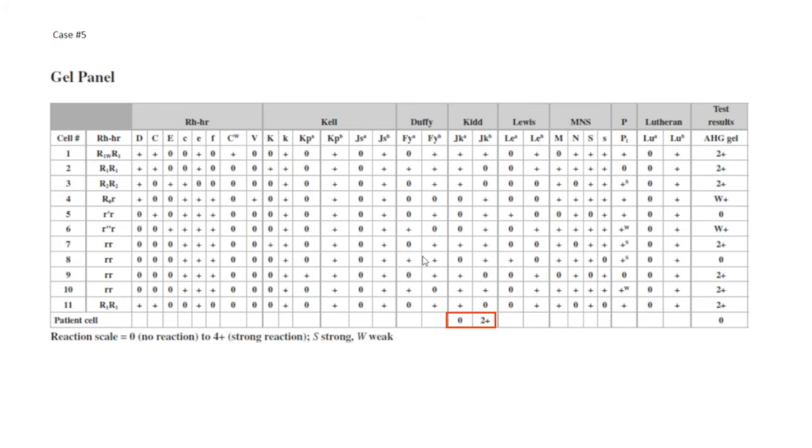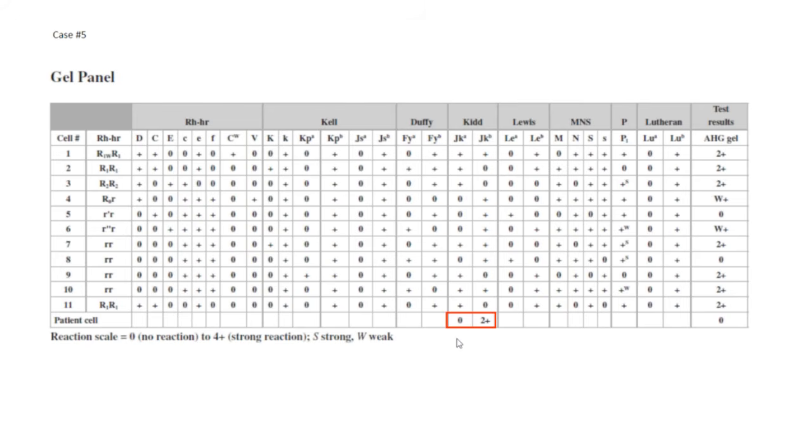Right. So here we're doing additional phenotyping on the patient cell. Just like we do ABO and RH or D typing, we can also type for other specificities. So here we're typing the patient's cell for JKA and JKB, and we're seeing that the patient is homozygous JKB positive and is lacking the JKA antigen.